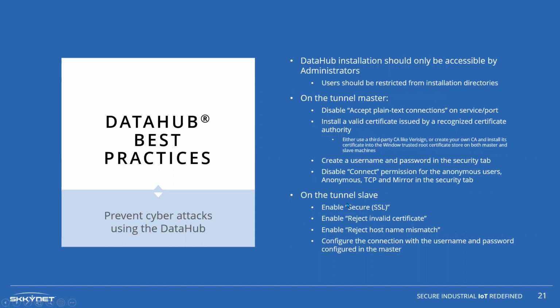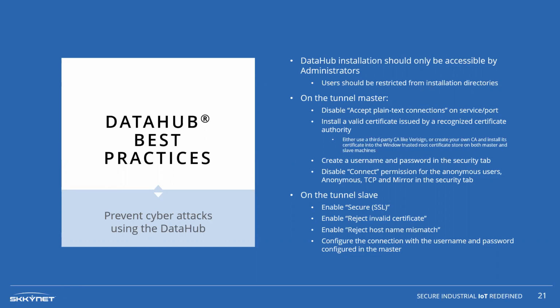When it comes specifically to the DataHub installations, we always say installations should only be accessible by administrators. Users should be restricted from the installation directories. On the tunnel master, disable your plain text connections, install a valid certificate, create usernames and passwords, and disable connect permissions for autonomous users.